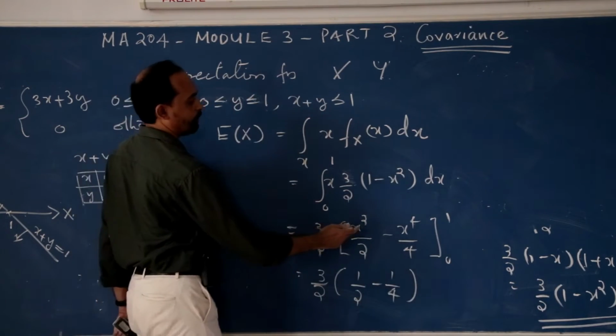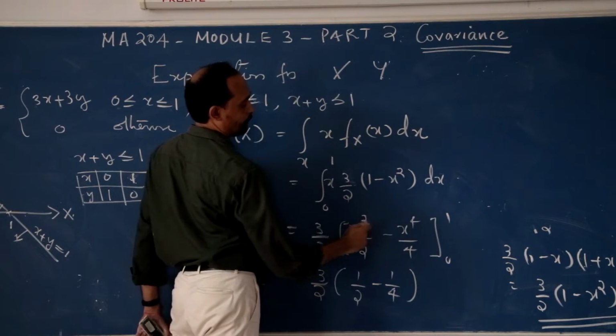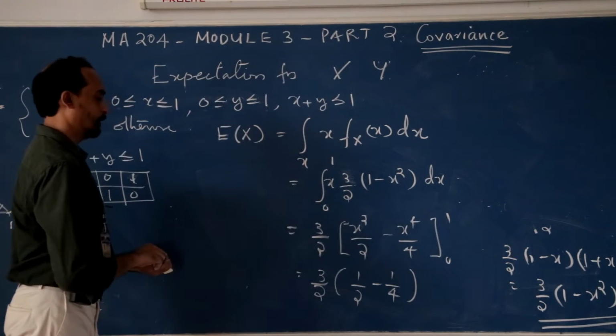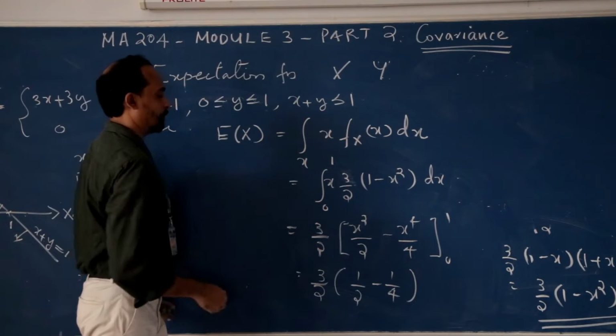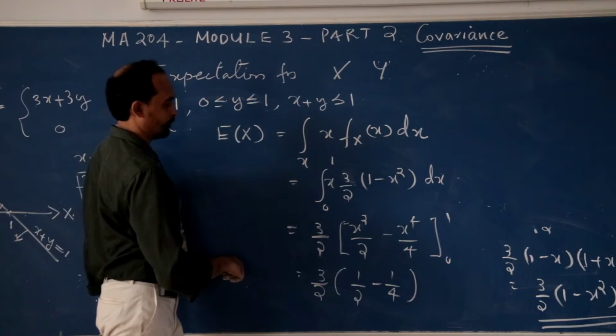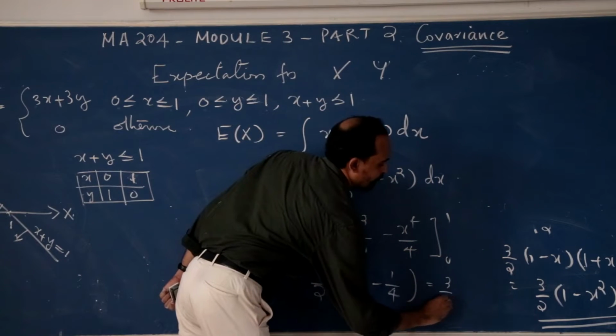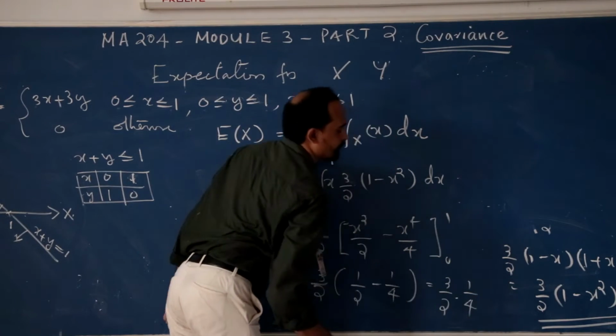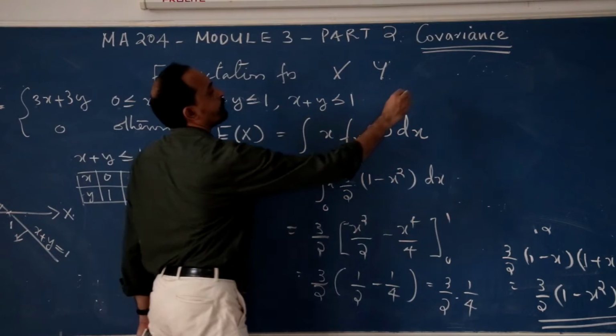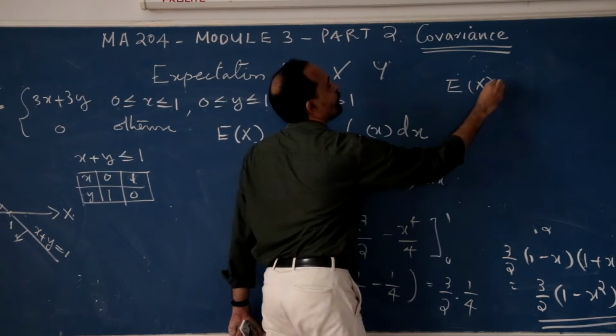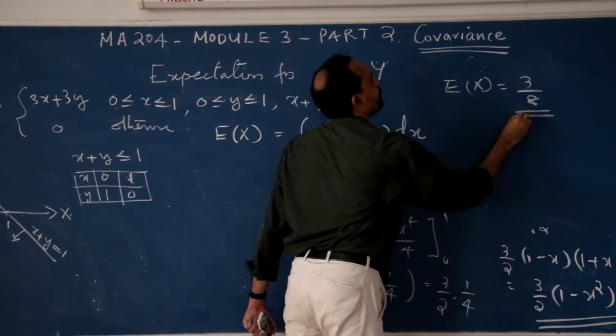When x equal to 0, value 0; x equal to 1, 1/2 minus 1/4. 2/4 minus 1/4 is 1/4. That is equal to 3/2 into 1/4, which is 3/8. So expectation of x is equal to 3/8.